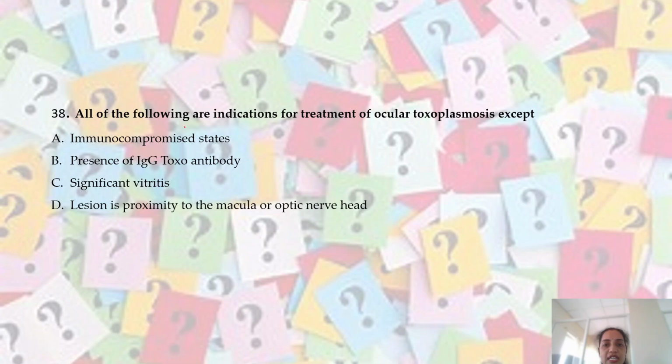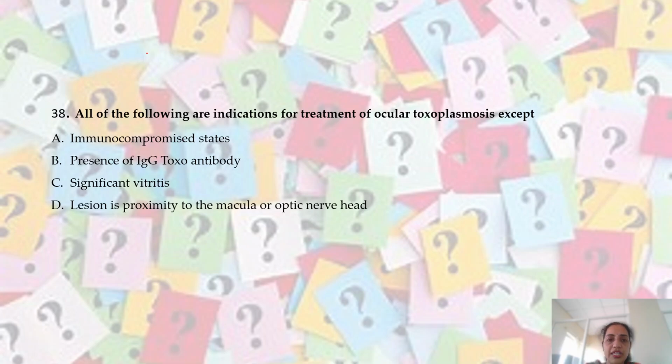All of the following are indications for treatment in ocular toxoplasmosis. So ocular toxoplasmosis can occur as a focal retinitis lesion in the retina. So when do you treat it? You treat it only in some indications. If it is away from the disc, away from the macula, and not causing any visual problems, we can still observe it.